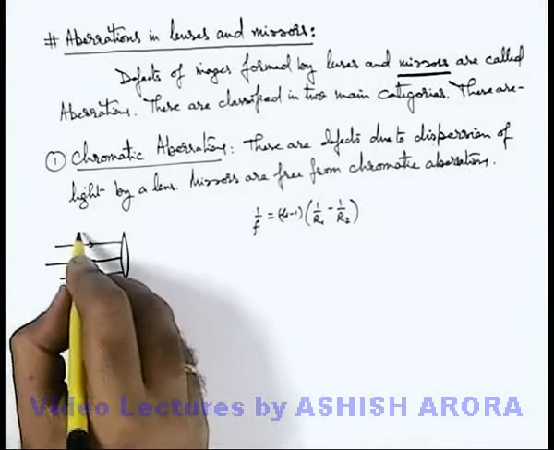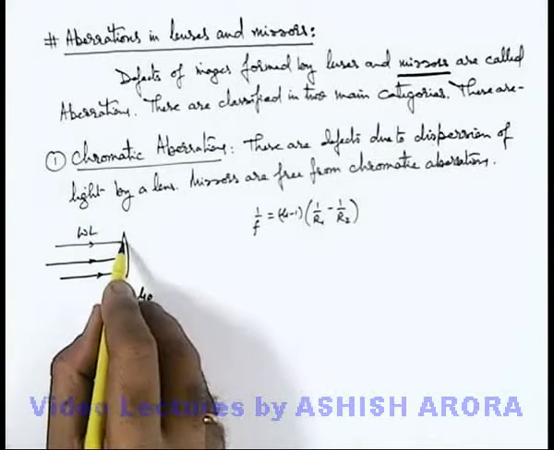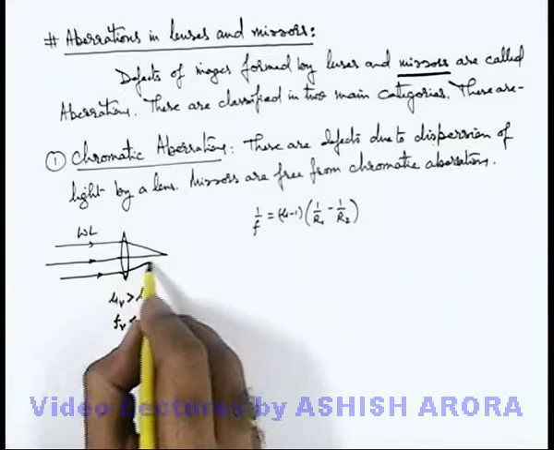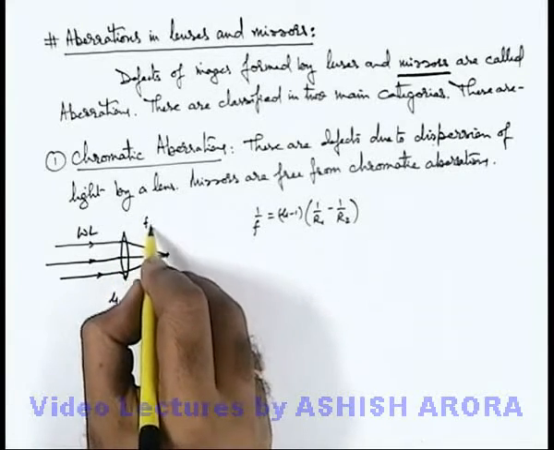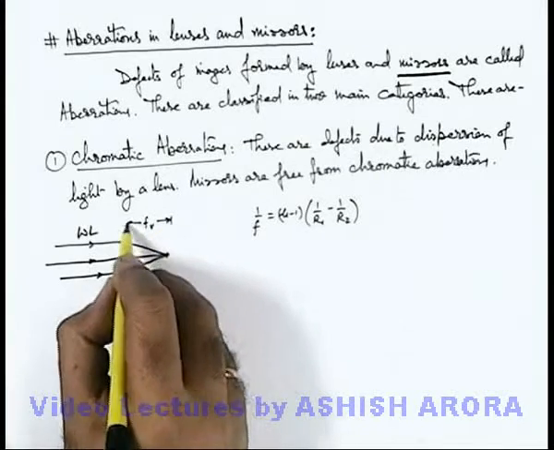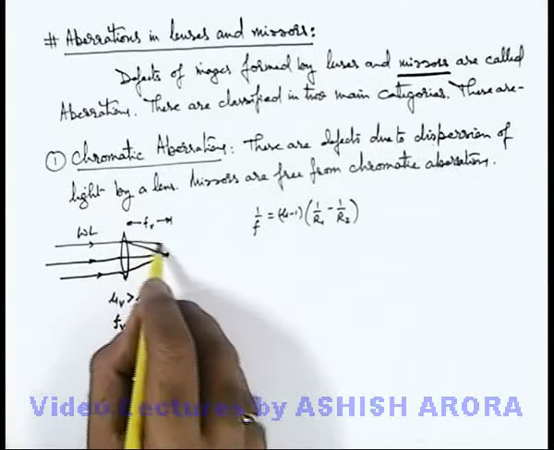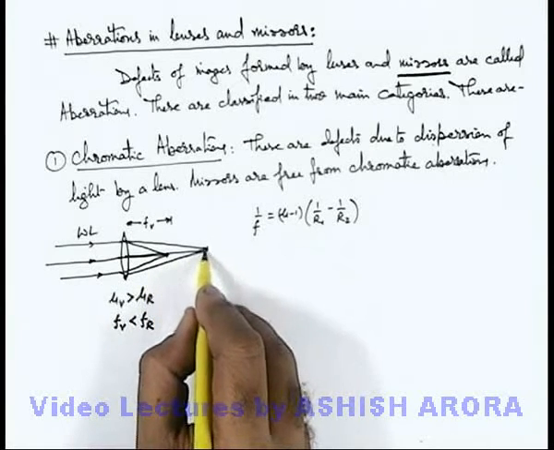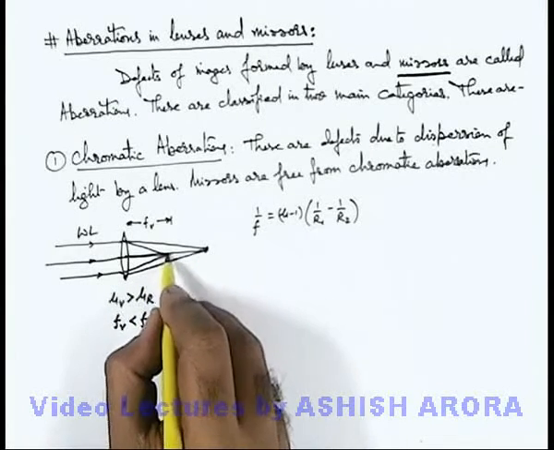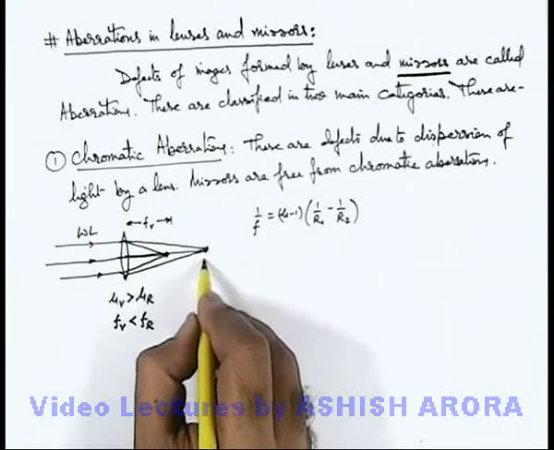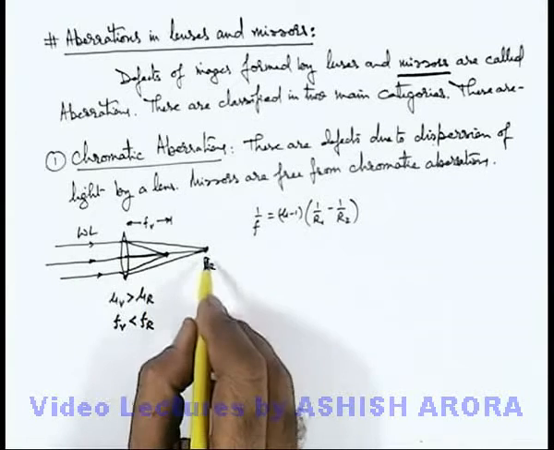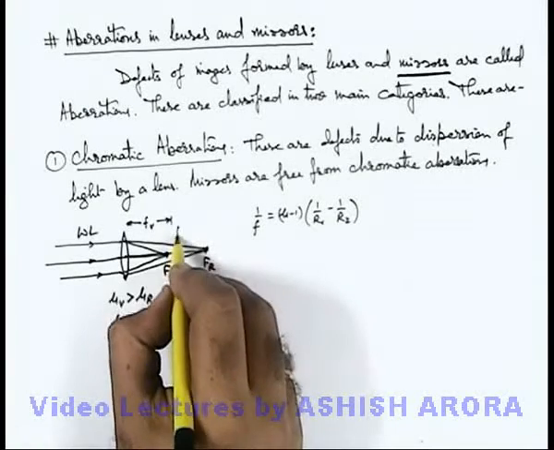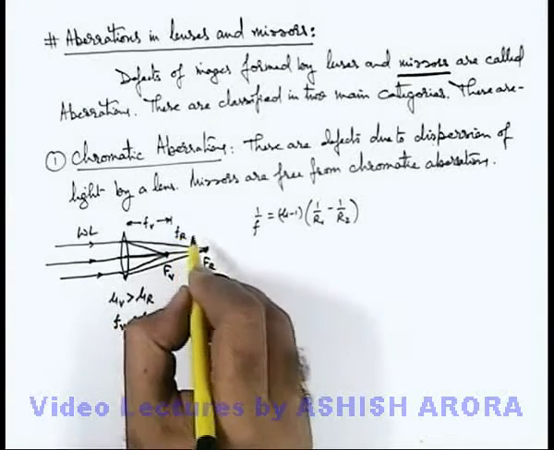So in this situation, when white light is incident onto it, all violet colored rays will focus at a point which we can write as the focal length for the violet color, fv, and similarly all red rays will split from the original beam and focus at a point which we can write as the focus point for the red light, at a distance fr from the lens.